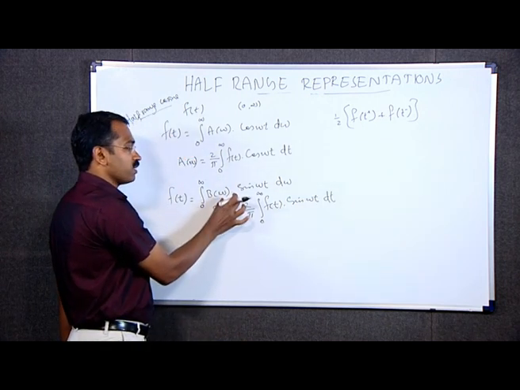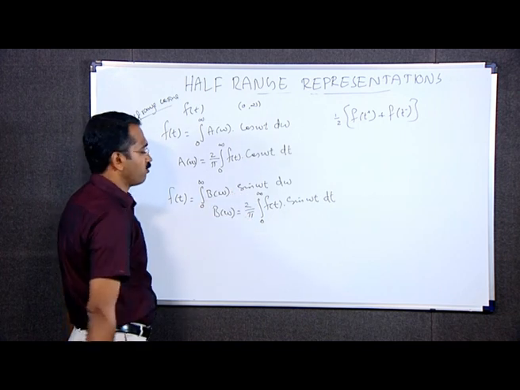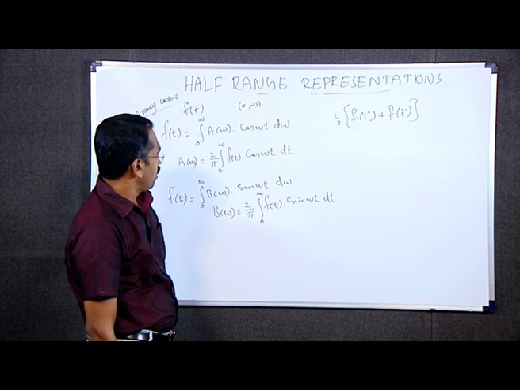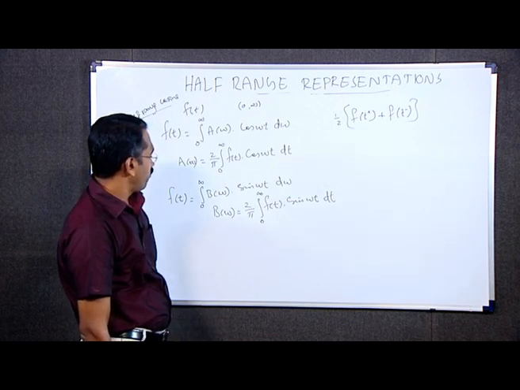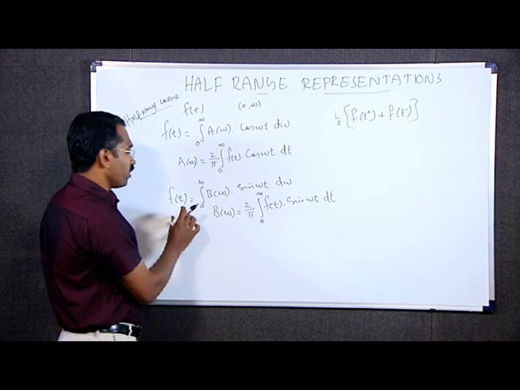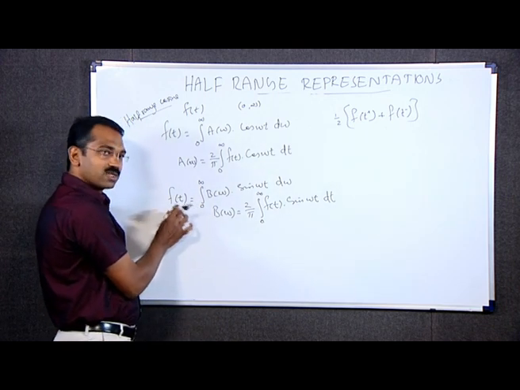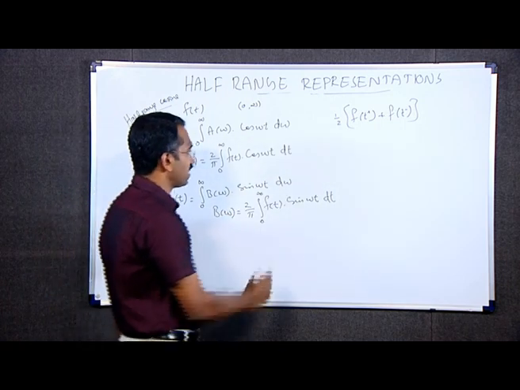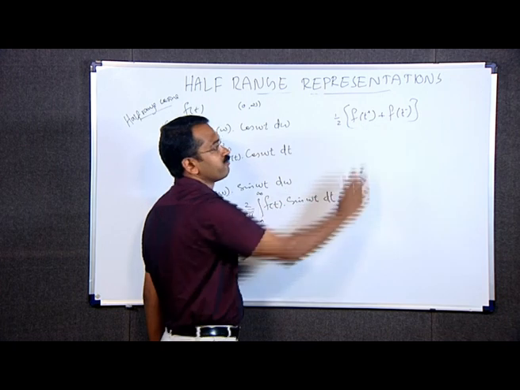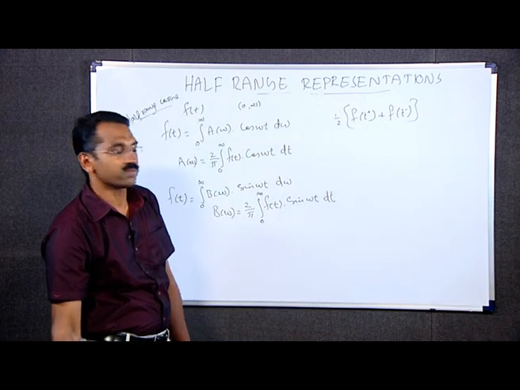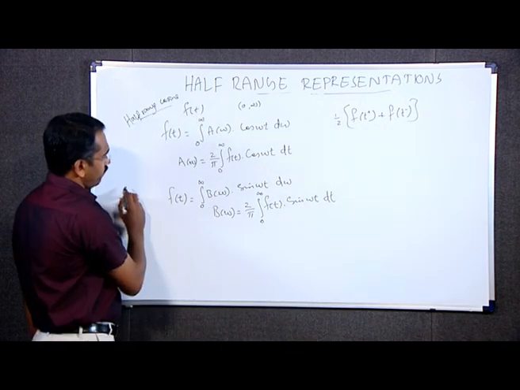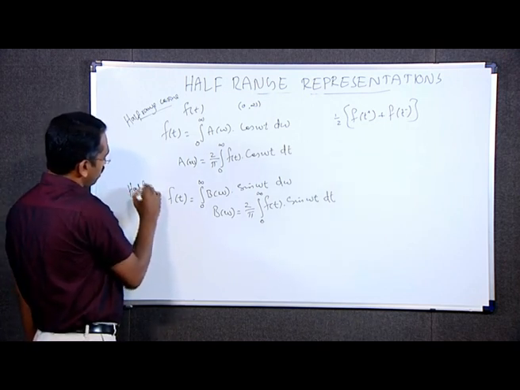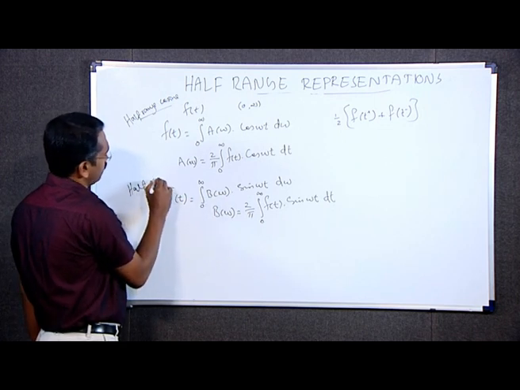This integral representation exists for all values of t where t is a point of continuity. At a point of discontinuity, the value of this right hand side integral is obtained by taking the average of left hand limit and right hand limit. This is the half range Fourier sine integral representation.